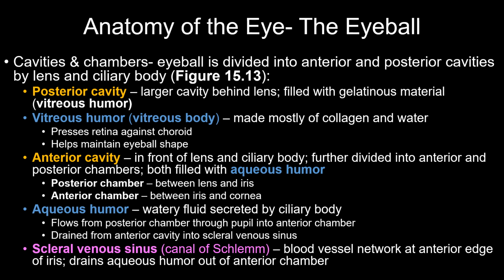But this has to drain at essentially the same rate that it is created. And this is done through a blood vessel that circles the anterior ridge of the iris called the scleral venous sinus. What happens if it doesn't drain? Well, then you're going to get a lot of pressure in that area, and you may know that more by its common name, glaucoma.